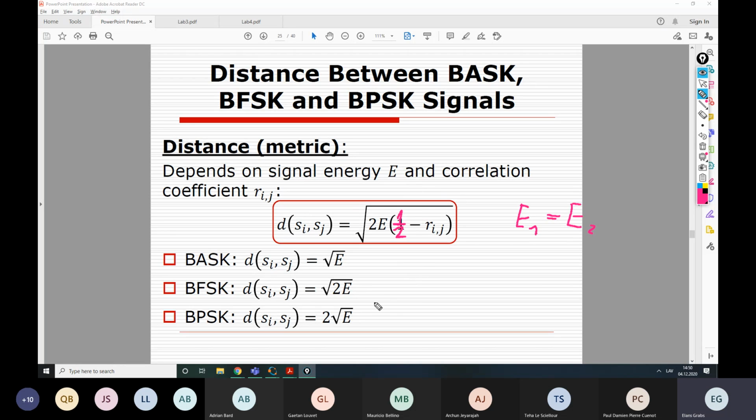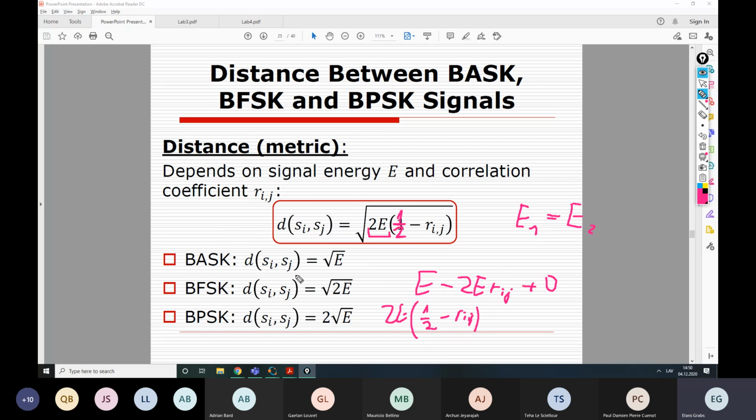Here we would have a half because we only had E minus 2ERij plus 0 energy for the second signal. And we take these 2E out of the brackets and are left with 1/2 minus Rij.